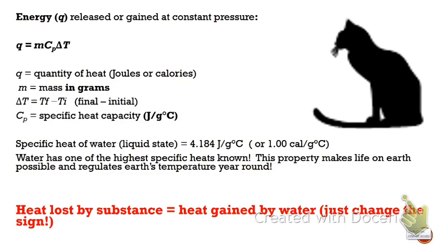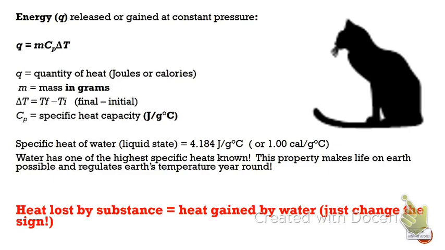And then water, of course, we have said has one of the highest specific heats. But here's the part I wrote in red. I think it is in your notes, but circle it because this is where people get confused. The heat that is lost by the substance is going to be equal to the heat gained by the water. So what we're actually going to be measuring is the change in the water in our calorimeter.